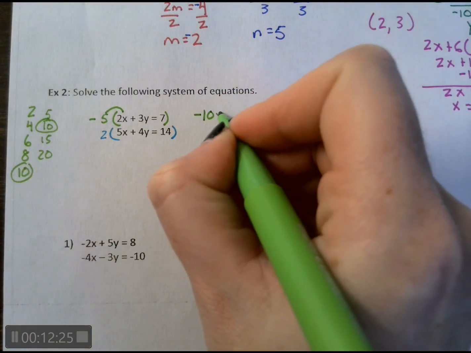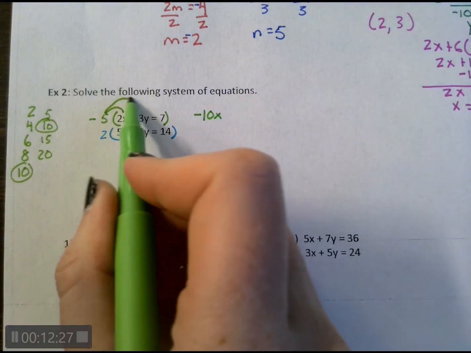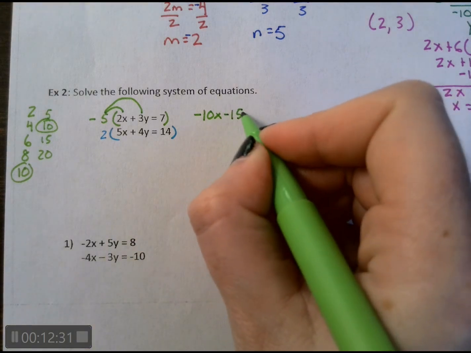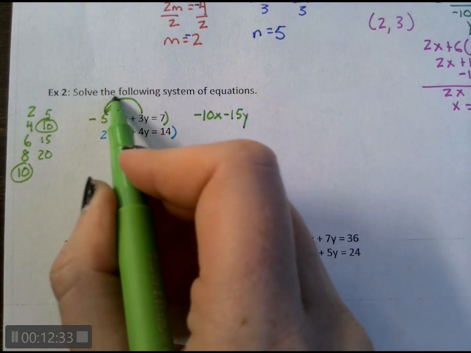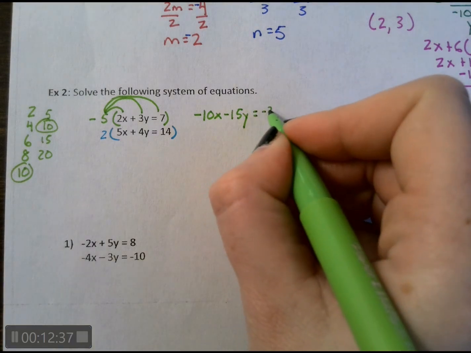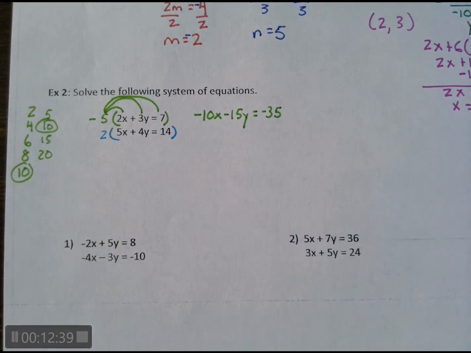Okay? And now I'm going to multiply negative 5 times 2x. It's going to give me negative 10x. Negative 5 times 3y is going to give me negative 15y. And then negative 5 times 7 is going to give me negative 35. Alright.